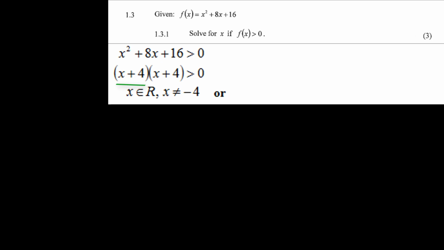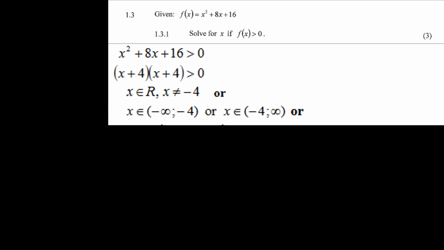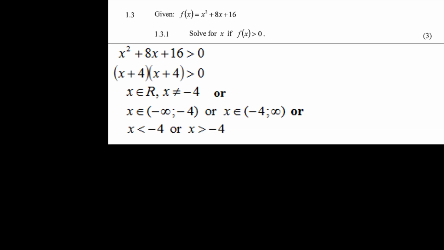Similarly, where x is less than minus 4, the two terms are both negative, and multiplied they are always greater than 0. So x is an element of minus infinity to minus 4, or x is an element of minus 4 to infinity, anywhere on the real numbers except minus 4. We can write this as x less than minus 4 or x greater than minus 4.